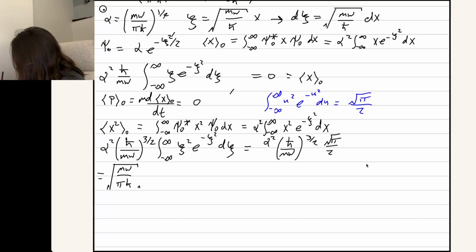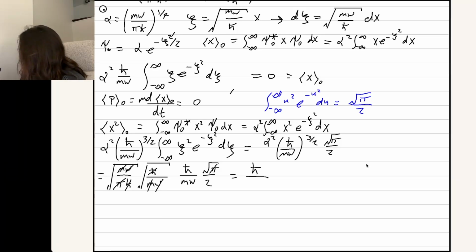And then factor out one radical from the 3 halves term and leave the other one as a complete power, h bar over m omega. We still have this root pi over 2. But now this pi cancels out this one, h bar cancels, m cancels, omega cancels, and we just have h bar over 2 m omega. That is a lovely result.